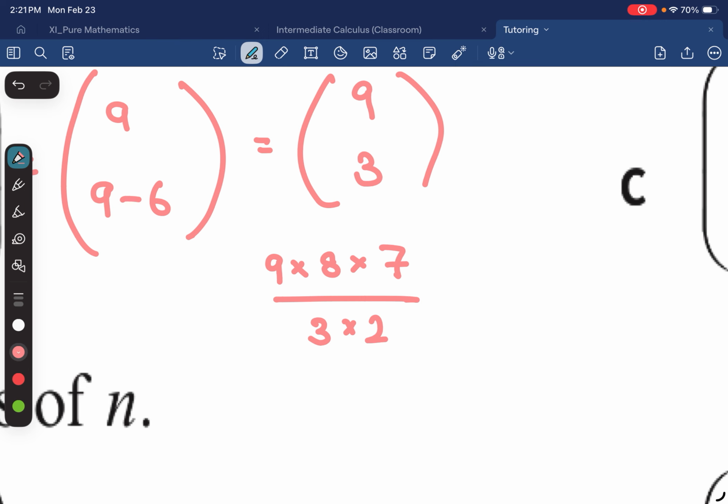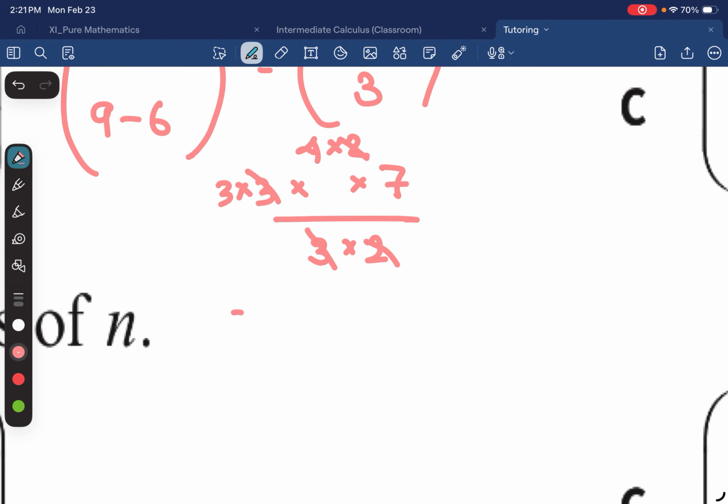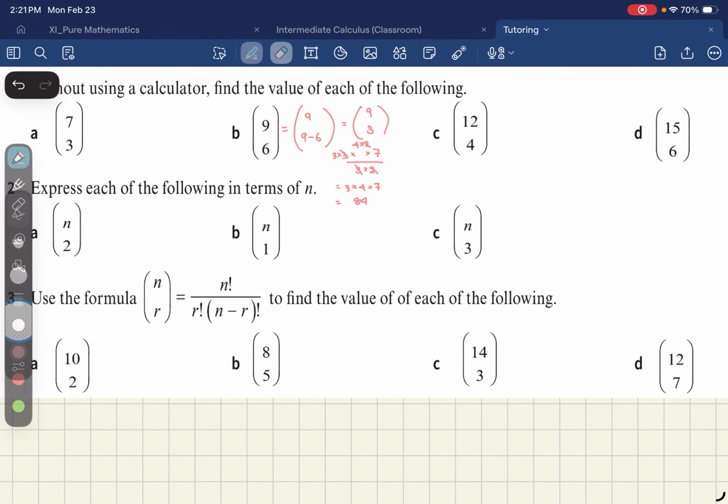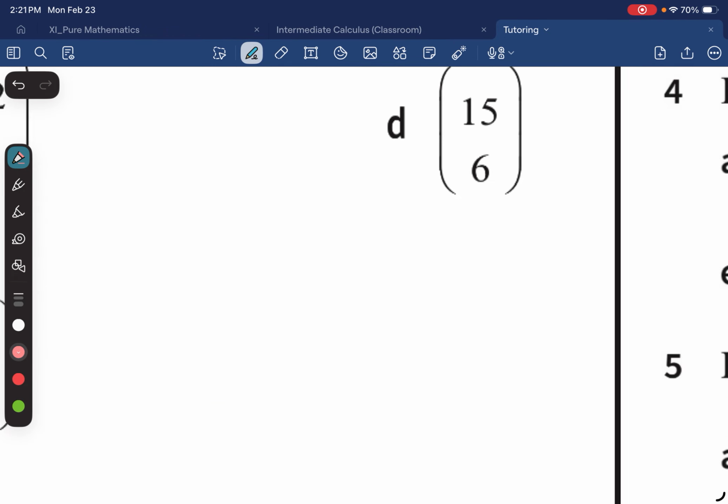So 3 times 2. Well, 9 is just 3 times 3, 8 is 4 times 2. So 2 and 2 cancel out, 3 and 3 cancel out. So I have 3 times 4 times 7. So 12 times 7 gives me 84. That is my answer. So I think I'll leave you to do C, and let's do D.